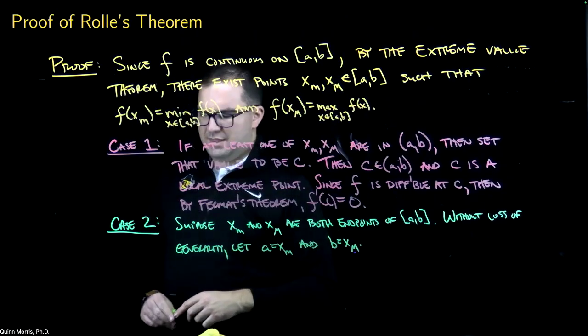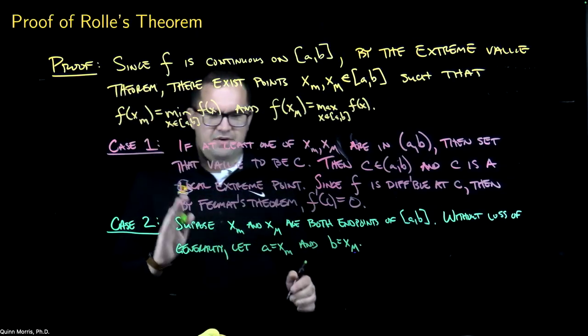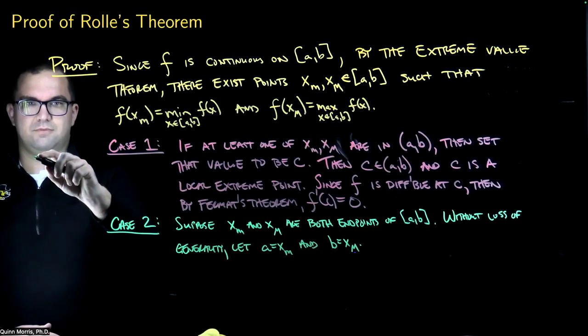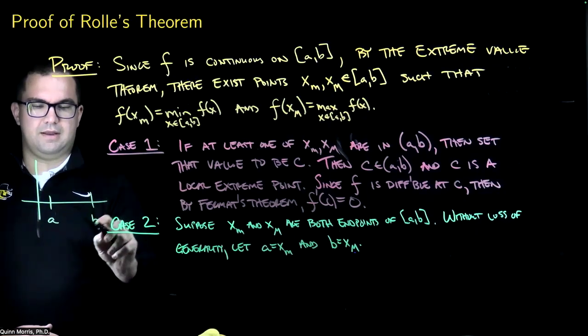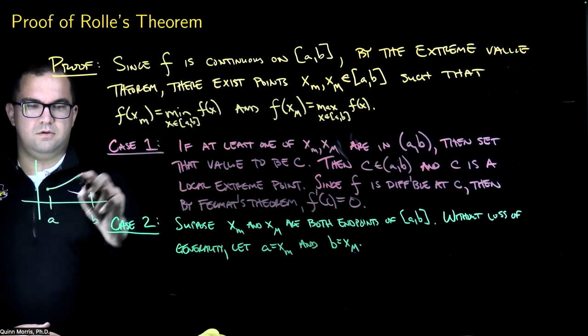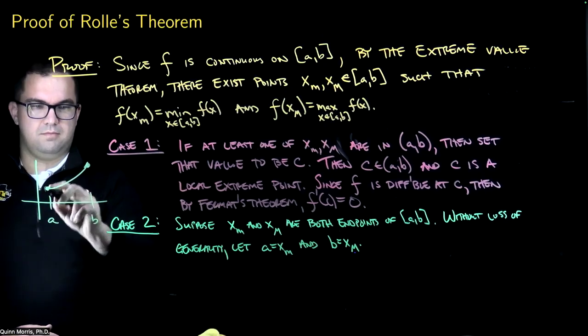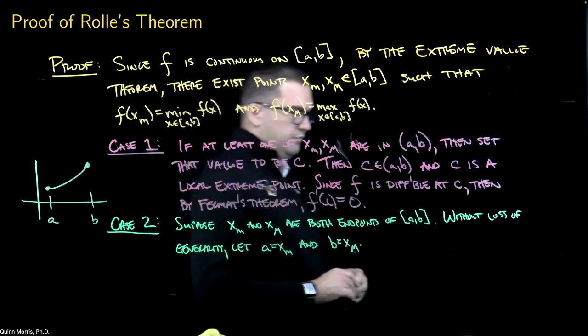So let's see, what would that look like? You might think, okay, I need the minimum value to occur at the left endpoint, the maximum value to occur at the right endpoint. So you might come over here and say, oh, I could have something like this, right? That'd be minimum value at the left endpoint, maximum value at the right endpoint.